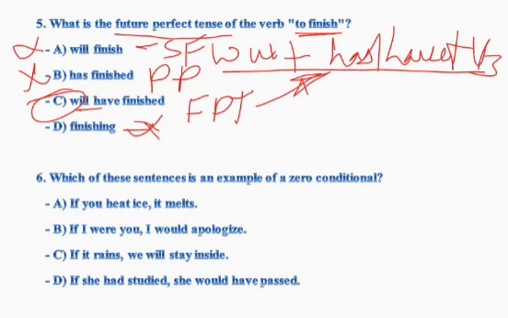Question 6 says, which of these sentences is an example of a zero conditional?